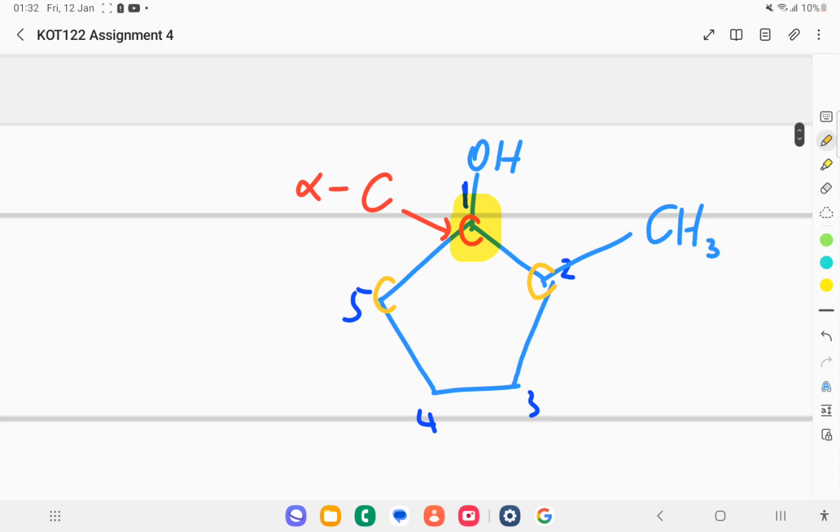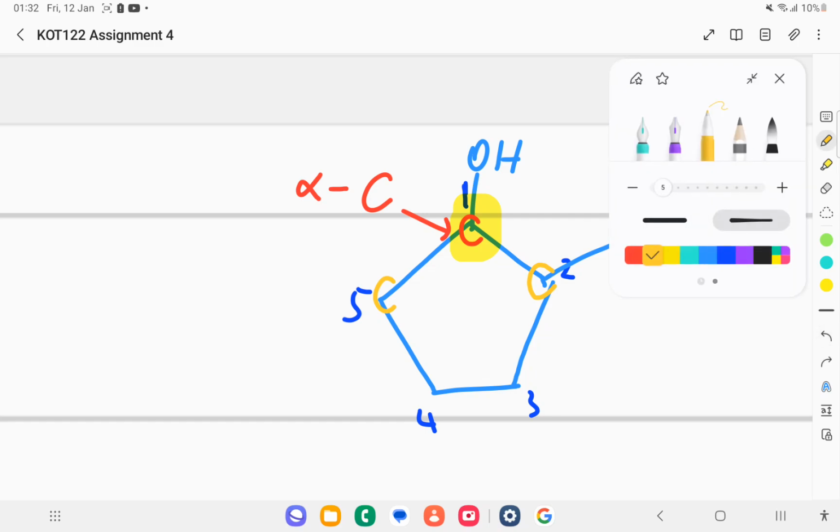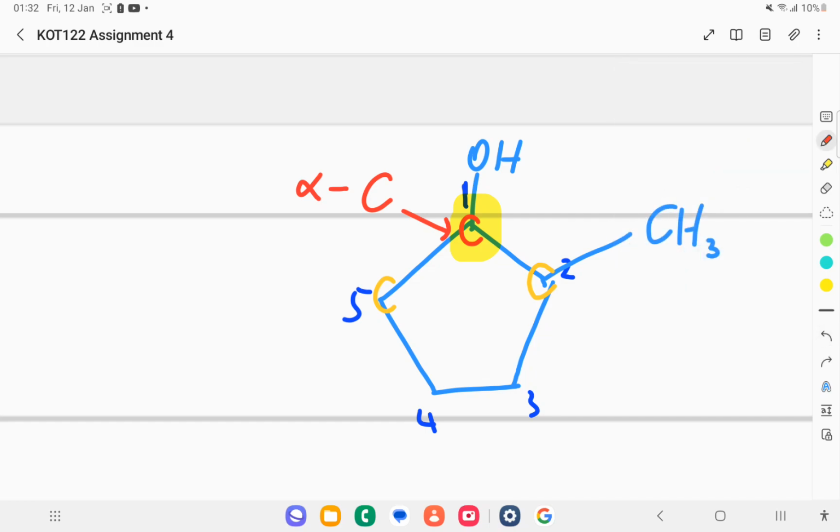So we have 2 beta carbons. This is the first beta carbon, which I label as beta 1, and this is the second beta carbon, beta 2.